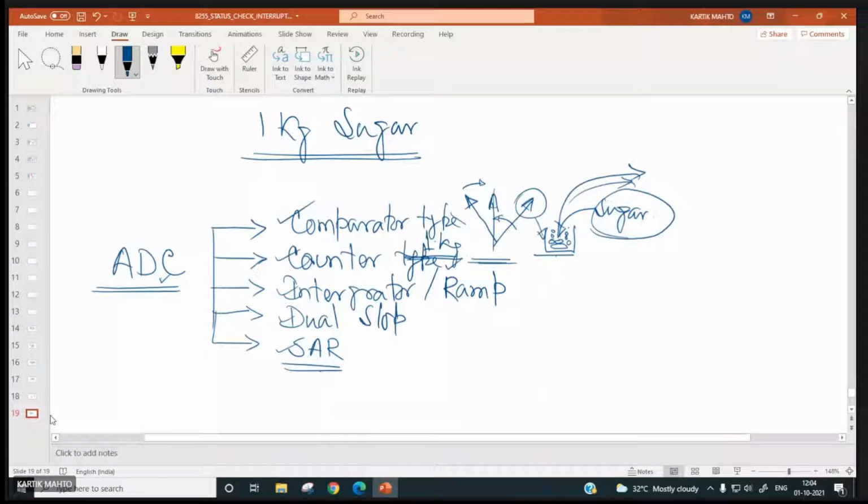What was the reason? For better accuracy or less delay. Better accuracy and less delay. That is correct. That delay is the speed of conversion. That was one of the reasons. When you compare all of them, do you have an idea which carries the highest speed?